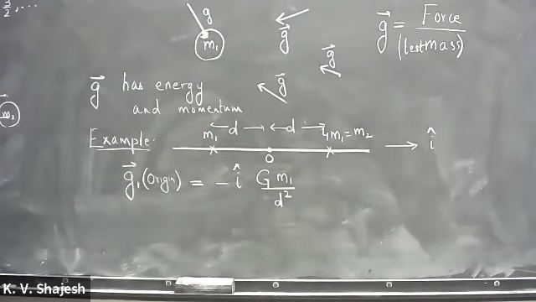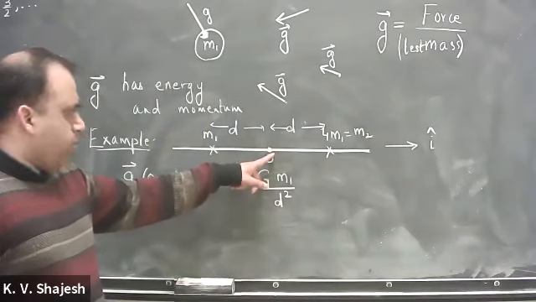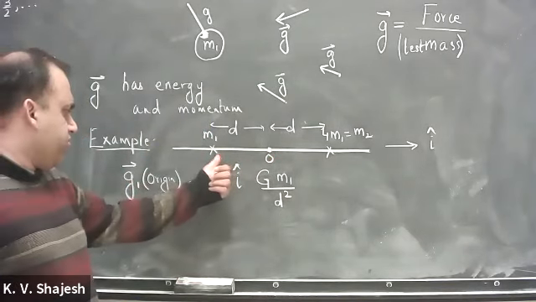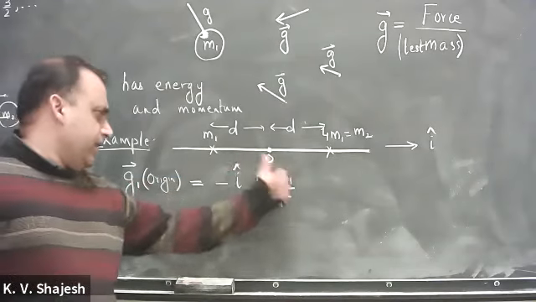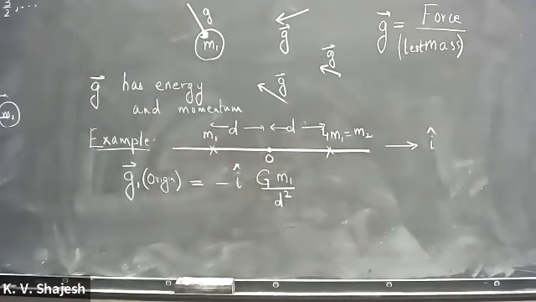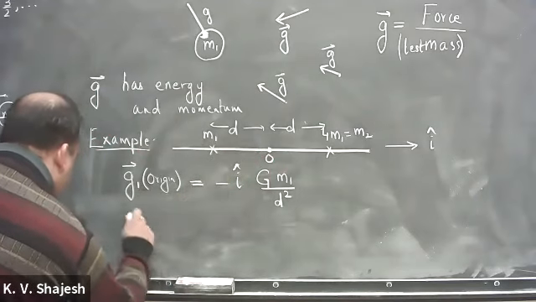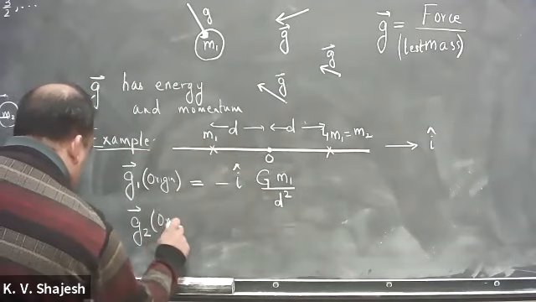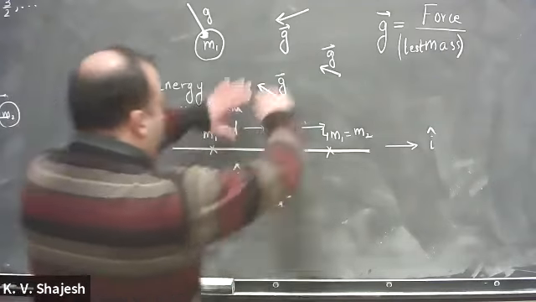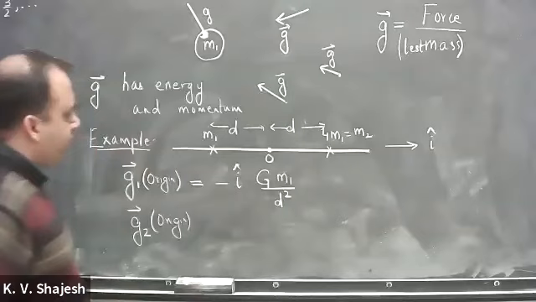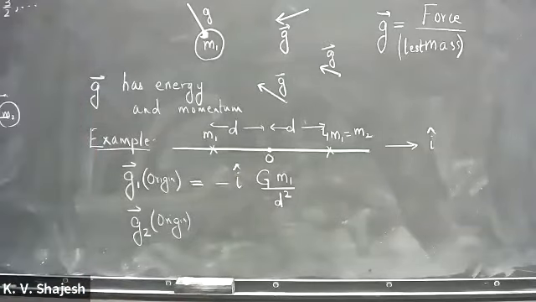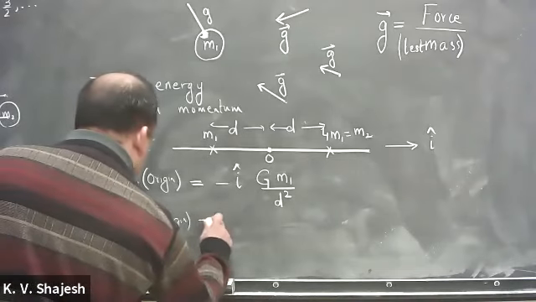That's my gravitational field at the origin due to the mass M1, and it is pointing in the negative i direction. The other mass M2 on the other side will also create a gravitational field. In fact, it creates gravitational field everywhere, which has energy and momentum associated with it.